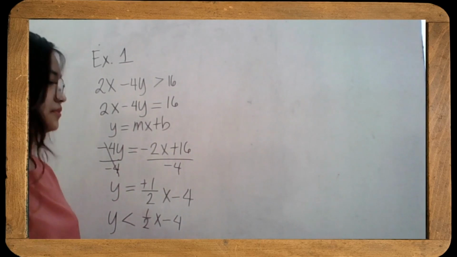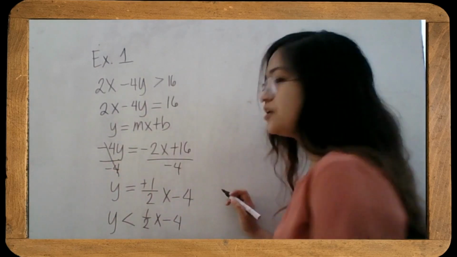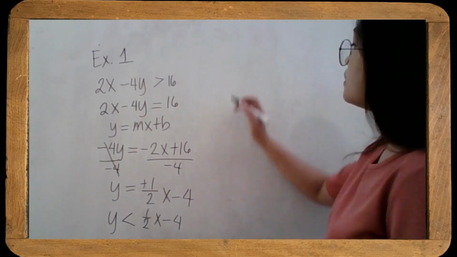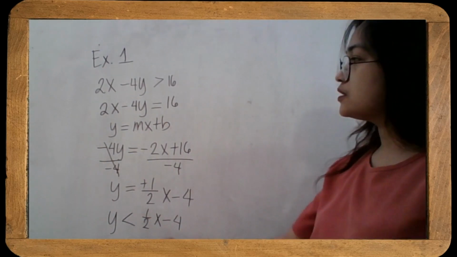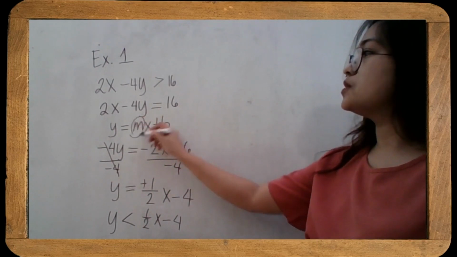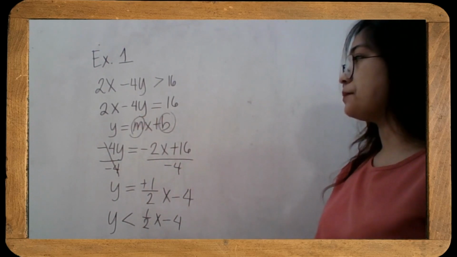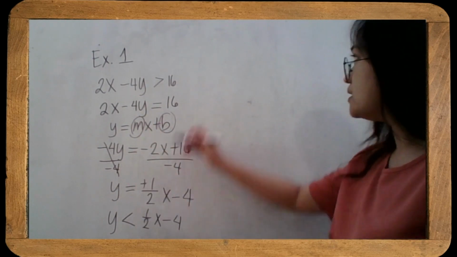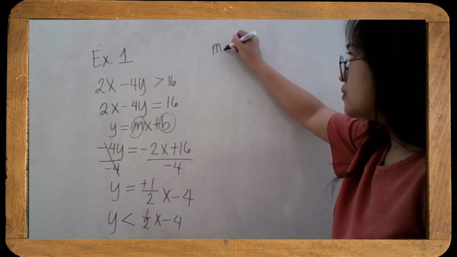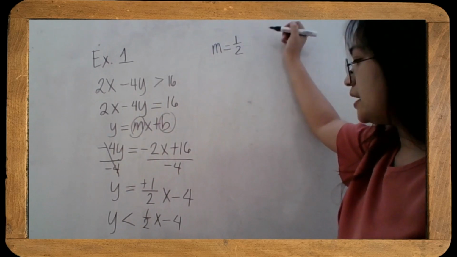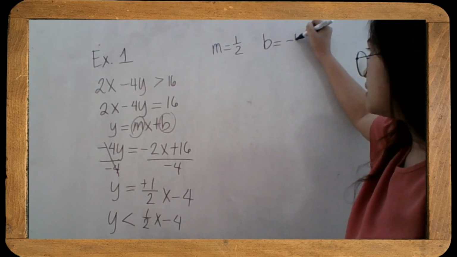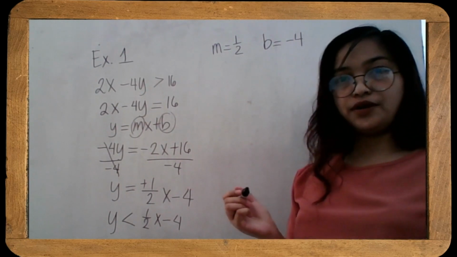Okay? And then, the next step, find for the slope and the y-intercept. So, ang slope natin dito, di ba ang m ang ating slope, si b naman ang y-intercept. So, ang katapat ni m dito ay si 1/2. That means, m is equal to 1/2 or the slope. And then, for the y-intercept or the b, the answer is negative 4.